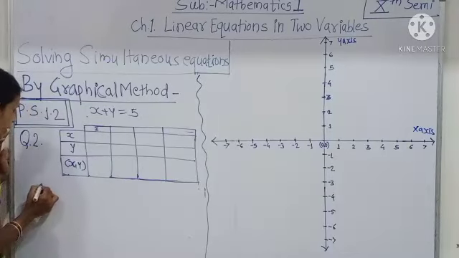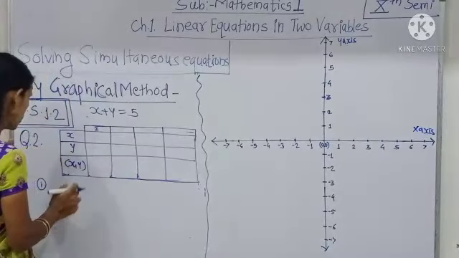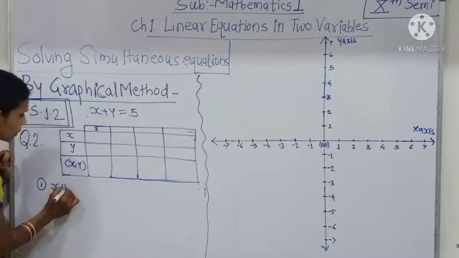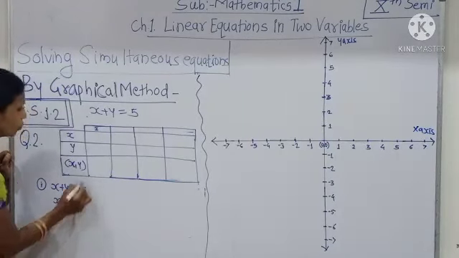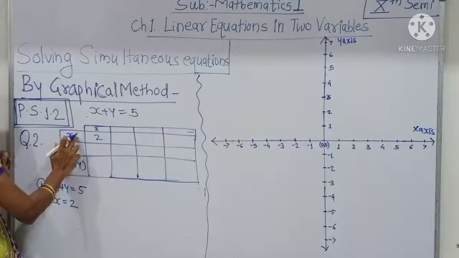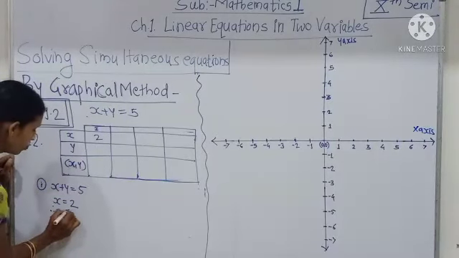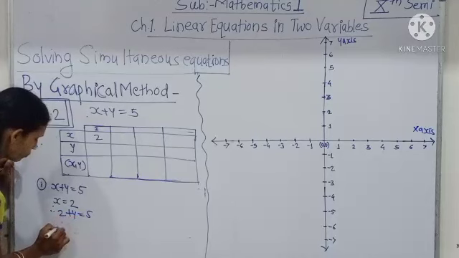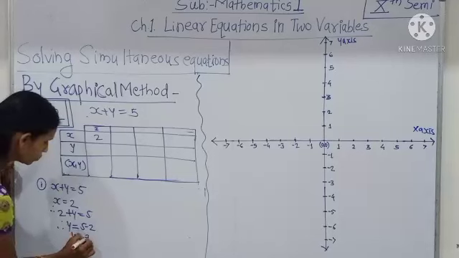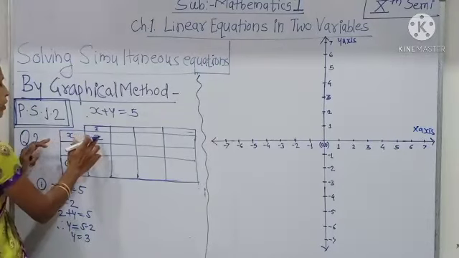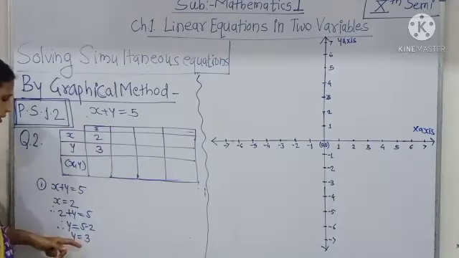Then to find the four sets of ordered pairs, see here x plus y is equal to 5. If x is equal to 2, then 2 plus y is equal to 5. Therefore, we get y is 5 minus 2, that is y is equal to 3. When the value of x is 2, then the y coordinate is 3.